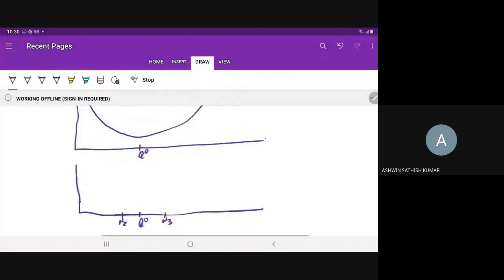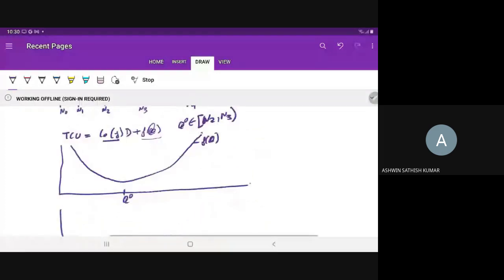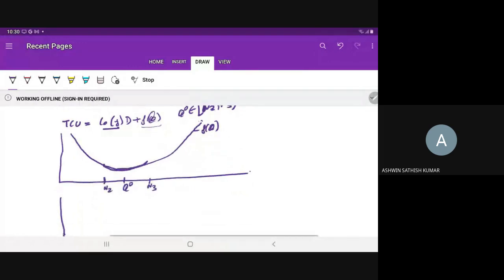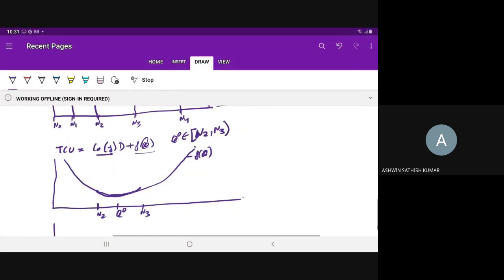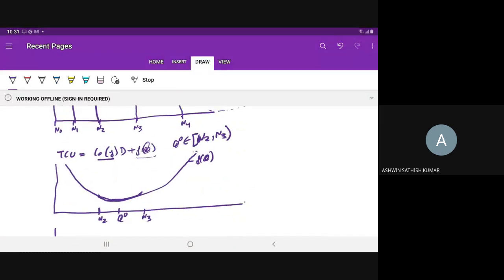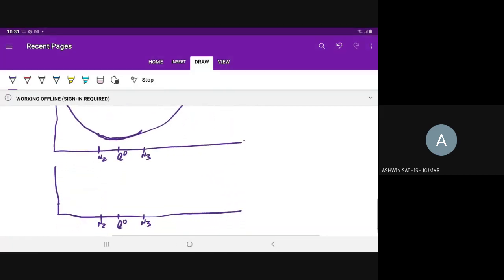If you combine C naught 3 into D plus FQ between N2 to N3, can you tell me what will be the shape? The shape of the FQ is convex in this interval, and C naught J into D is constant. So constant plus convex will remain convex. So its shape will be like this.